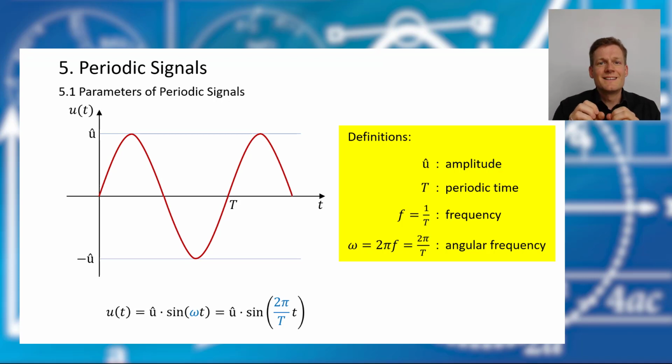But if t increases, then you have this variable t divided by the periodic time, and that means when our time variable t reaches the value of the periodic time, then we have our sine function of 2 pi. And therefore this angular frequency omega is just a very convenient variable to express the frequency of a sine function.